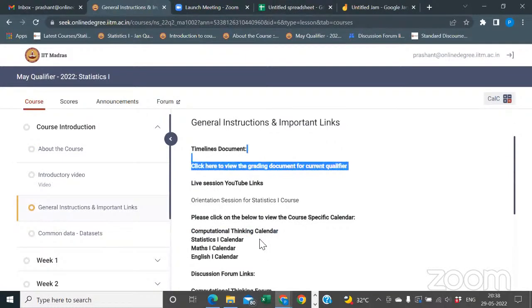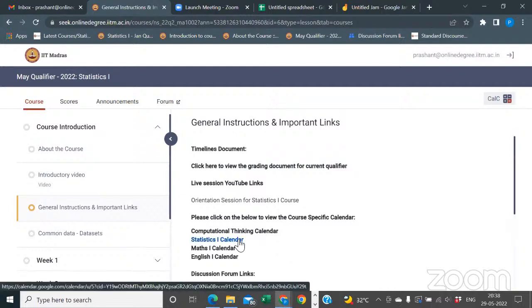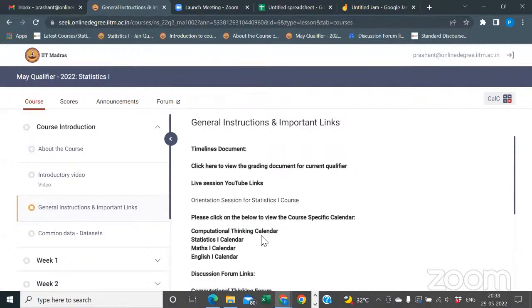You will get the statistics calendar, math calendar, and English calendar. You can get your calendar from here, and you can join or subscribe so that you get all the notifications.